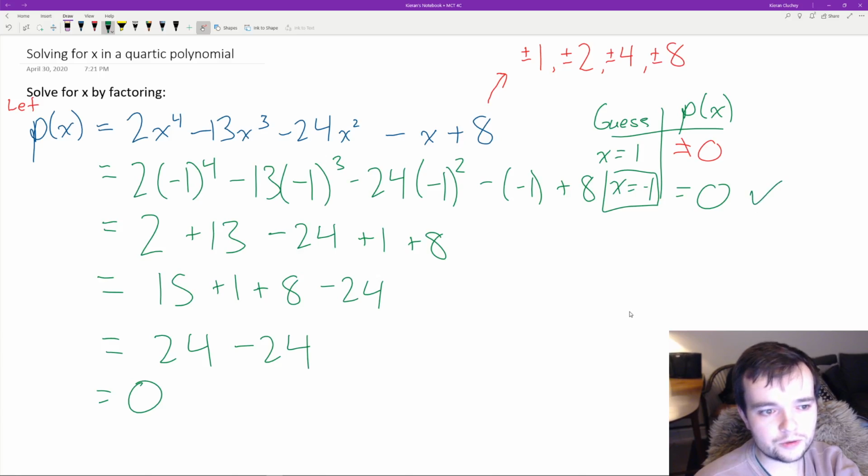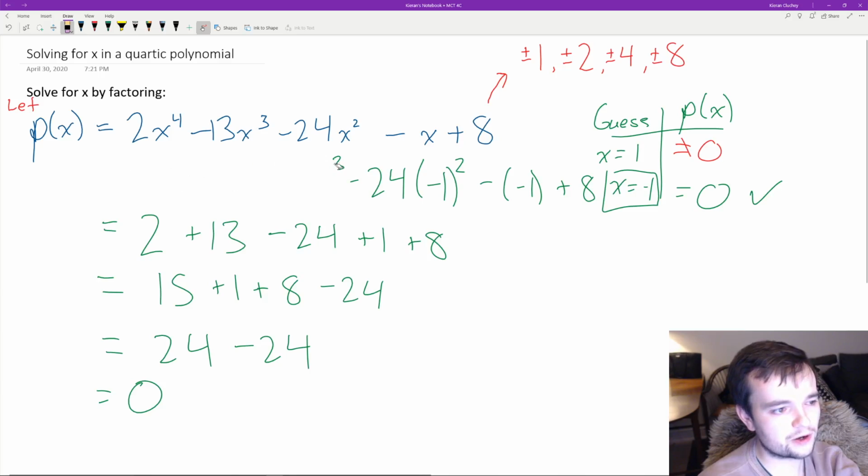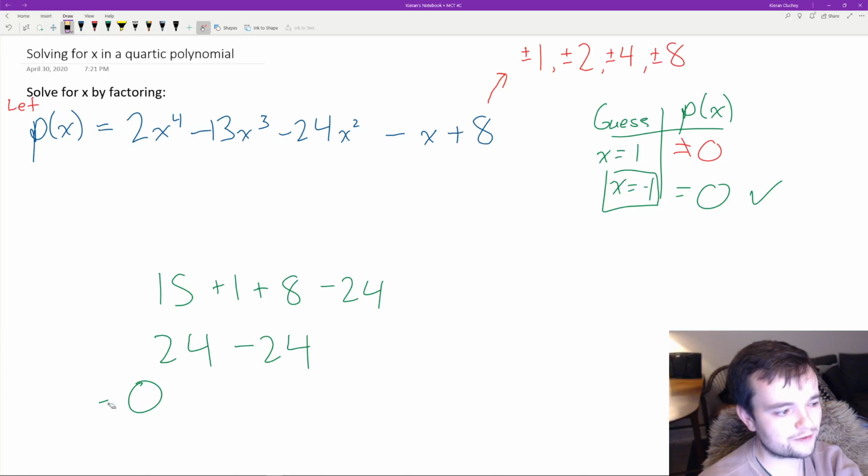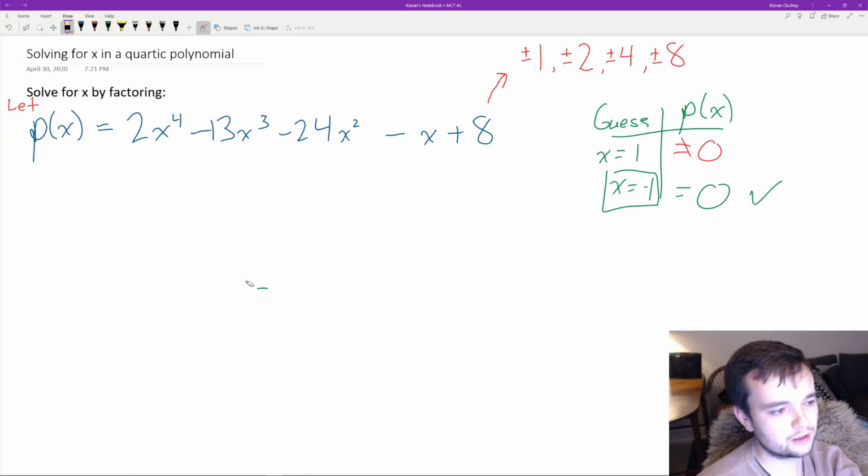So I need to start factoring my polynomial based on my guess of negative 1. So I will now write the factor that this polynomial is divisible by.